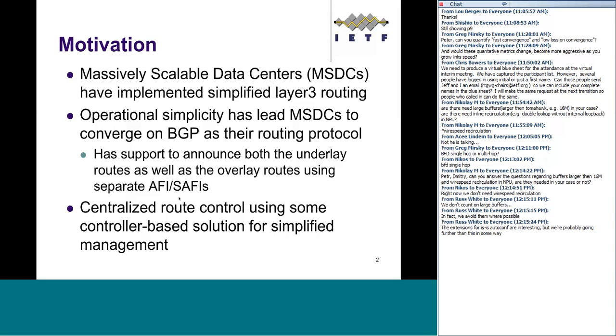For operational simplicity, most of these MSDCs, as three of them presented before me, have converged on BGP or flavors of BGP. And for centralized route control purposes, they've been using some kind of controller-based architecture. Next slide, please.